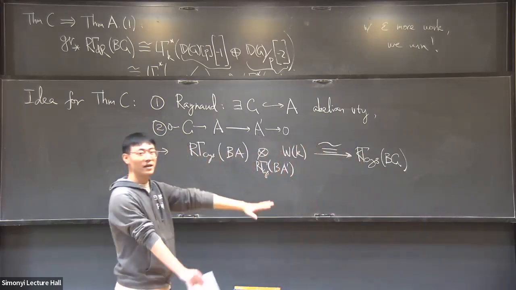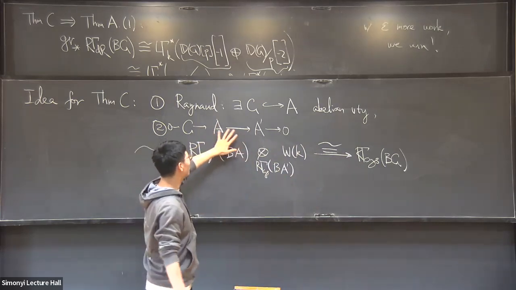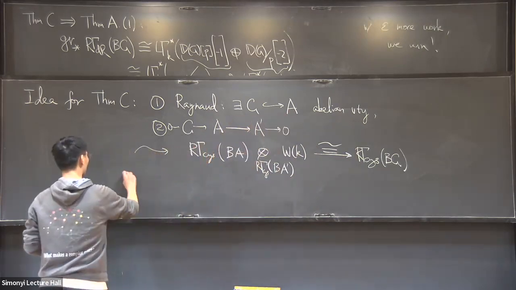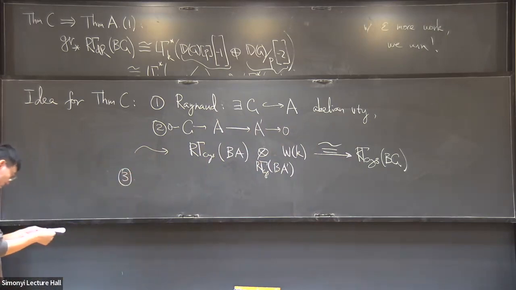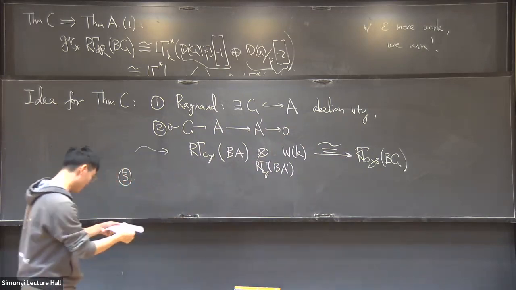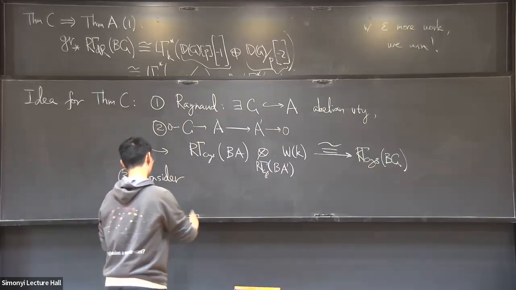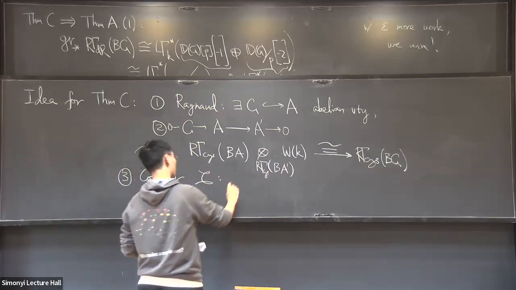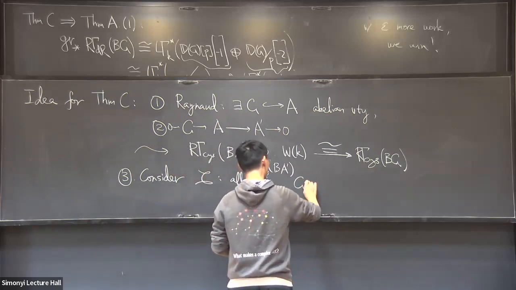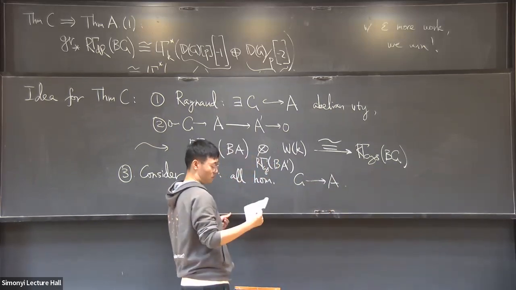The only complaint you might have is that this is not functorial enough because this involves a choice of G embedded in A, right? So to make sure that this is really functorial, which could be useful for other applications, you can just consider the category C of all homomorphisms from G to some abelian scheme A, and I no longer require this to be an embedding.